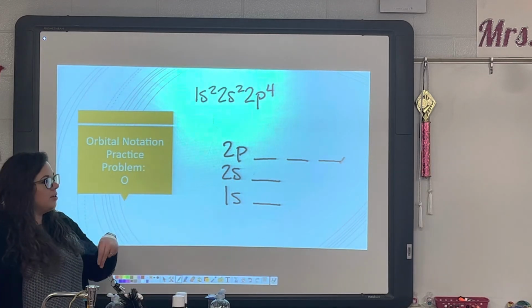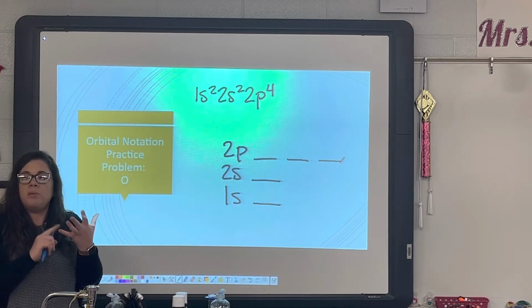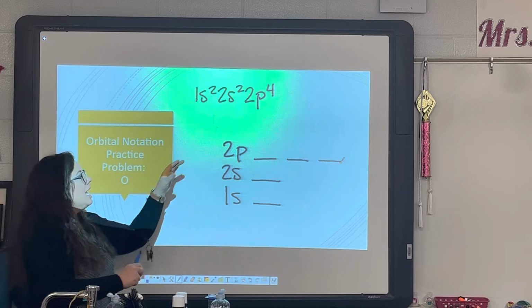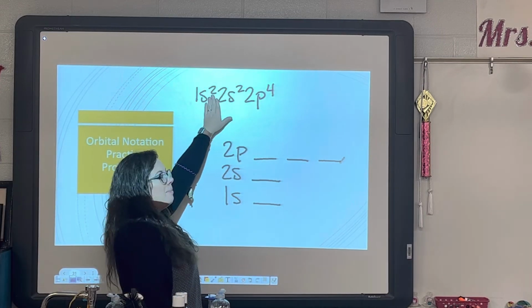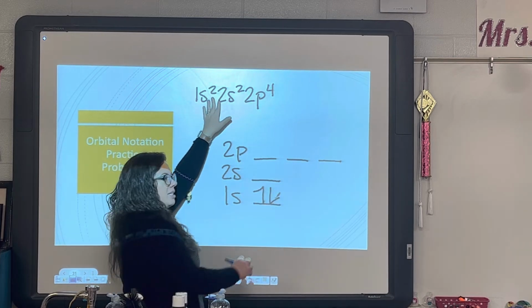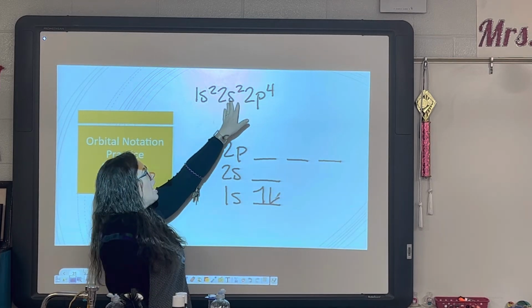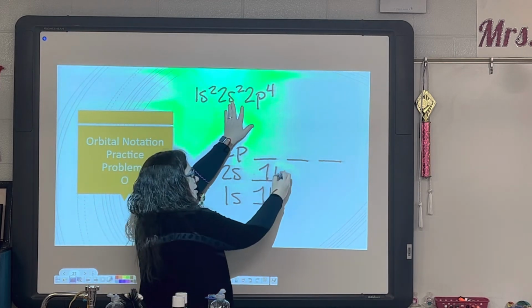So now we go in and fill our electrons. So Pauli exclusion principle, we can only put 2 electrons in each orbital. And remember, our electron numbers are the exponents. So how many electrons are in our 1s? 2. So opposite arrows. How many is in the 2s? 2. So opposite arrows.